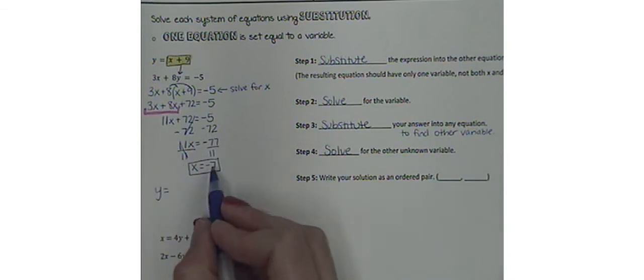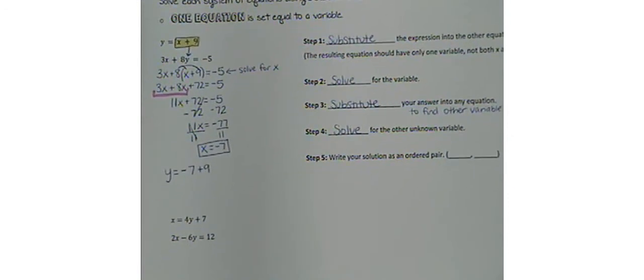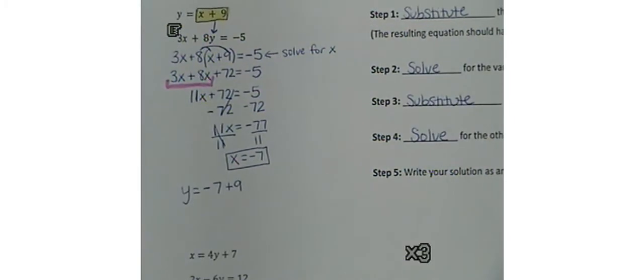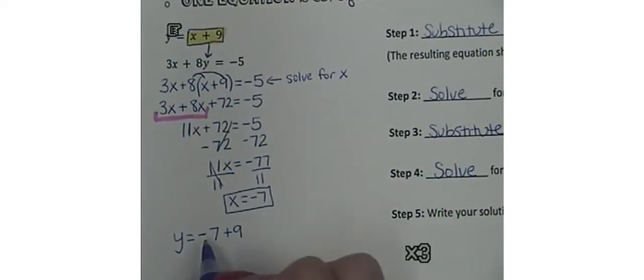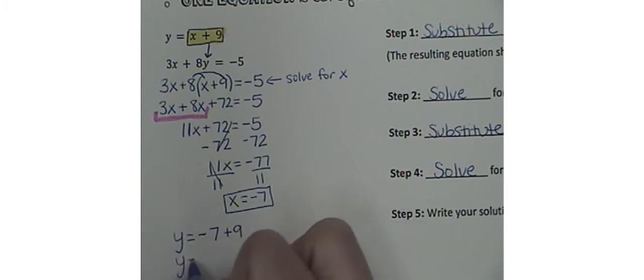So y equals x, but I know that x is negative 7, and then I'm going to add the 9 to it. Okay, so I'm taking my answer of negative 7 and I'm substituting that in for x. What is, combine these like terms, they're both numbers, so negative 7 plus 9. So y equals 2.